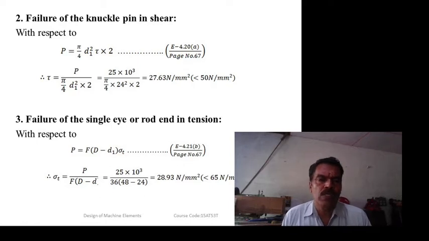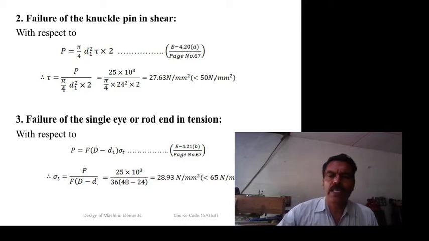So the load is equal to area of the single eye into tensile stress, that is F into capital D minus small d1, close the bracket, multiplied by sigma t, because we are going to calculate the tensile stress on the failure of single eye. Therefore P is equal to F into bracket capital D minus small d1 into tensile stress, that is sigma t. Okay.